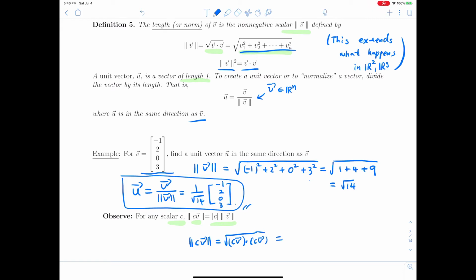We can factor c out of the dot product, so we get c squared times v dot v, which gives the absolute value of c times the square root of v dot v, which equals the absolute value of c times the magnitude of v. So this way we can factor the scalar out of the magnitude of the given vector.